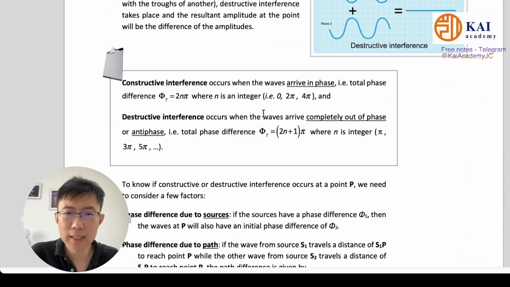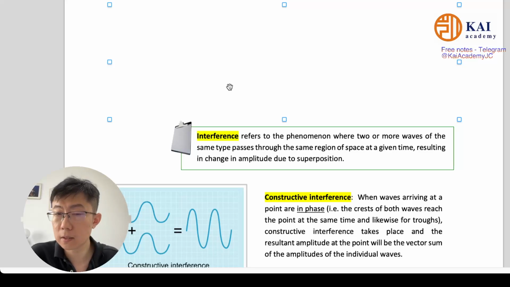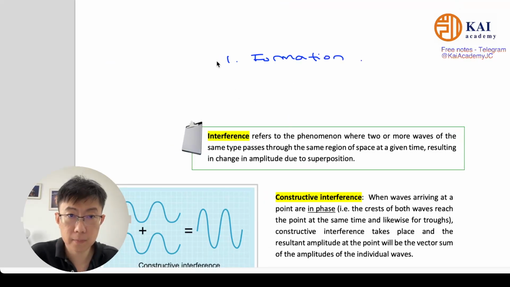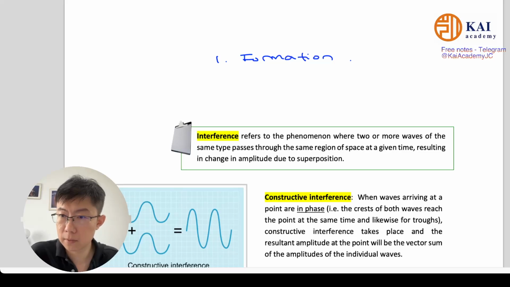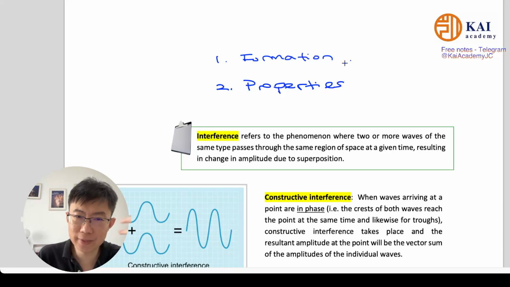The next thing that you will need to be able to work out is the properties of the resultant wave that is formed at P1, P2, P3.